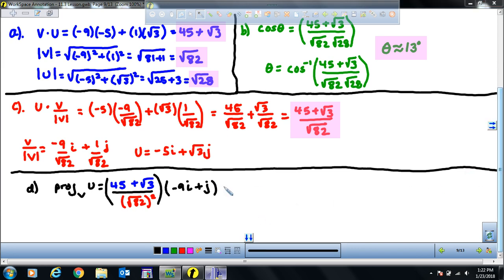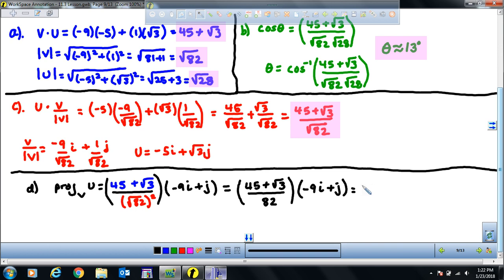If I distribute this, first of all, on the first part, 45 plus the square root of 3 divided by 82. That's what we get there. We're going to multiply this times negative 9i plus j. If I do that product, we get negative 9i multiplied times this.